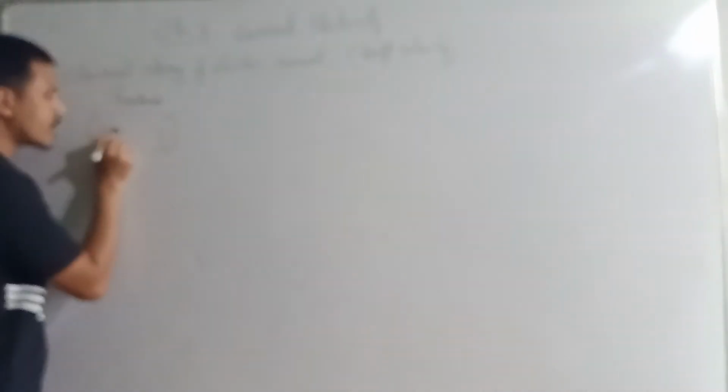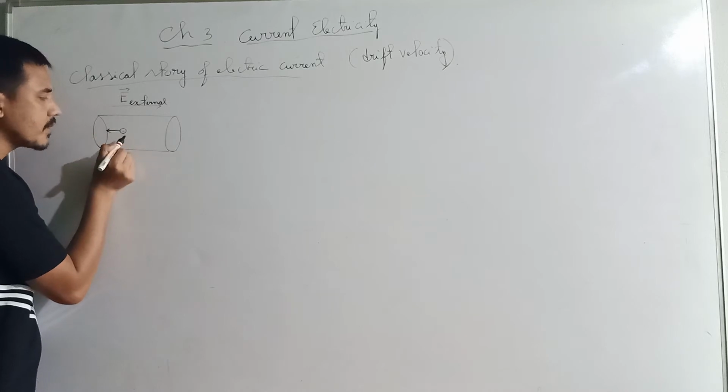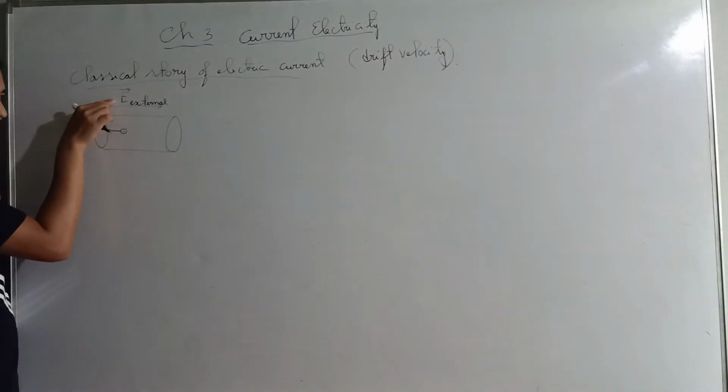Electrons are negatively charged, and we know that negative charges always move in a direction opposite to the electric field. As the electrons are negatively charged, the electrons will move in a direction opposite to that of this electric field.